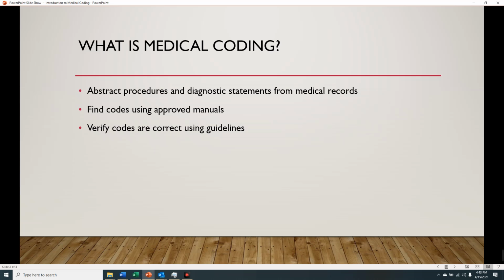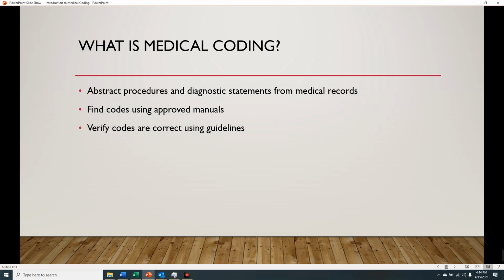What a medical coder does is they take the medical record, whether it's an office visit with SOAP notes, or a discharge summary, or a surgical report or pathology report.